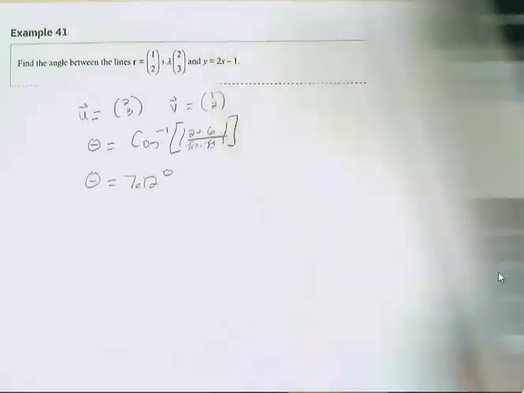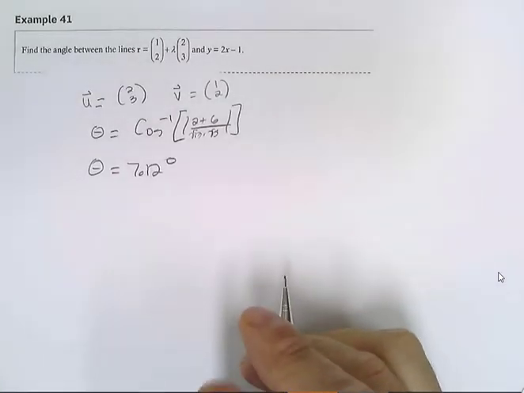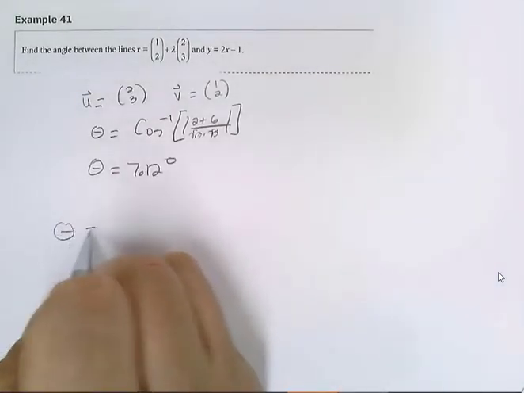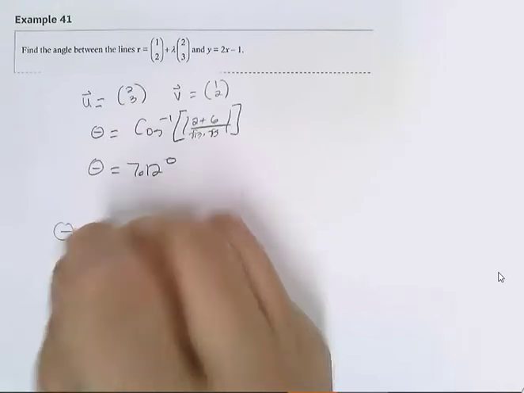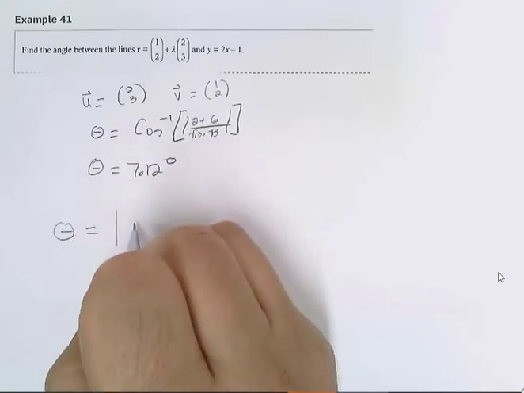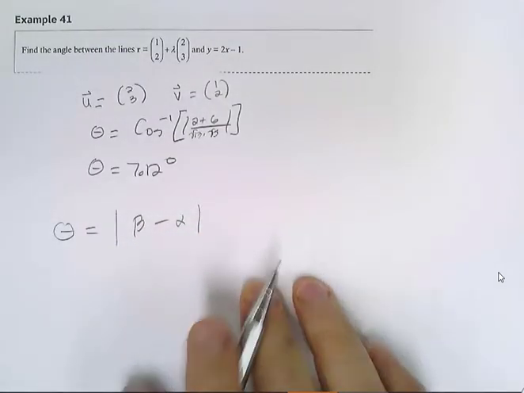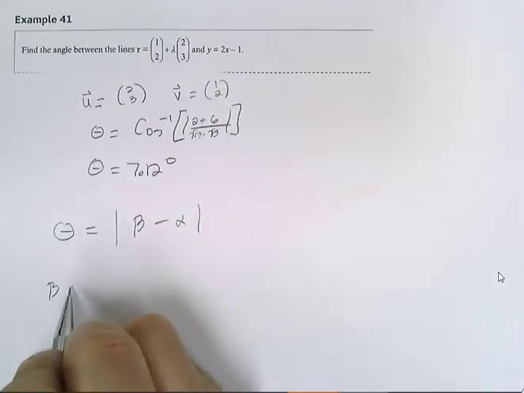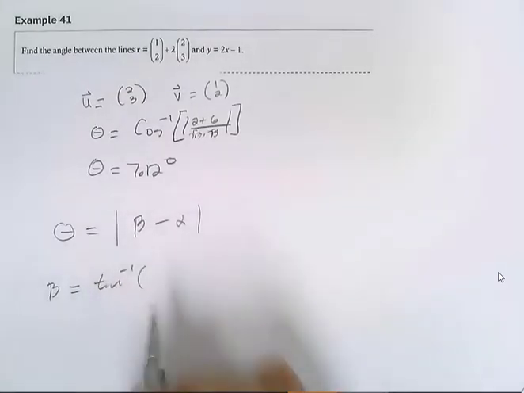Good. But we can also use what we used before, and say that theta is going to be the absolute value of beta minus alpha, where beta is the tan inverse of the slope.